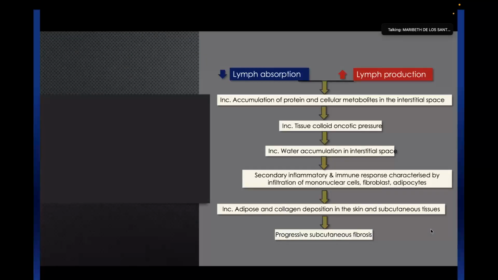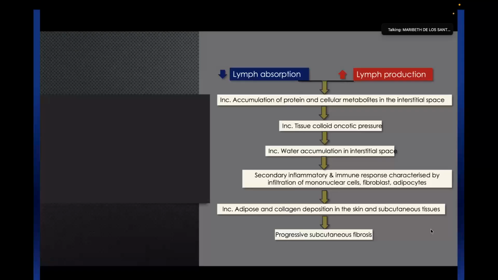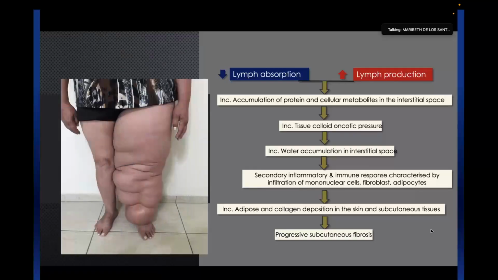With protein-rich fluid in the interstitial space, secondary inflammatory and immune responses set in with infiltration of mononuclear cells, fibroblasts, and adipocytes. Over time, there will be subsequent deposition of collagen and adipose tissue in the skin and subcutaneous area, leading to progressive subcutaneous fibrosis that may look like this.